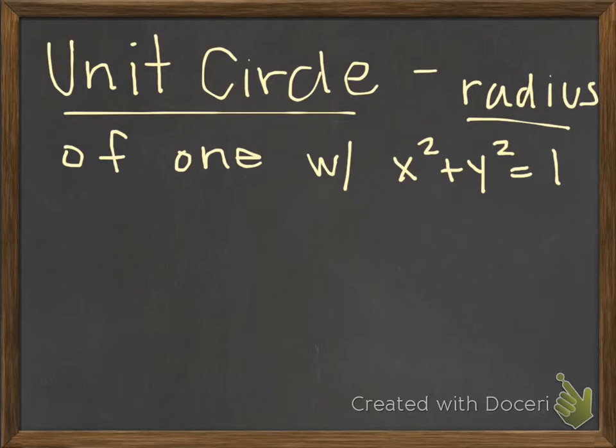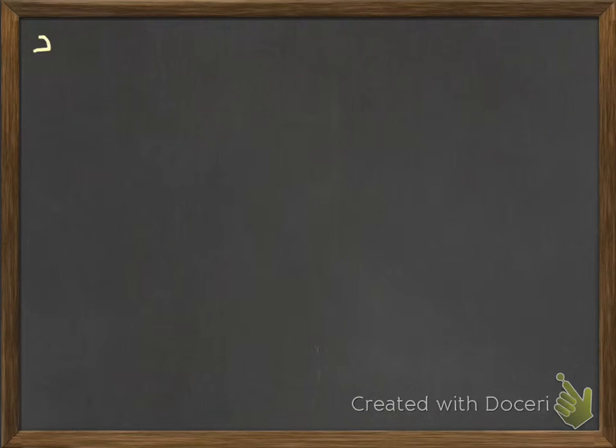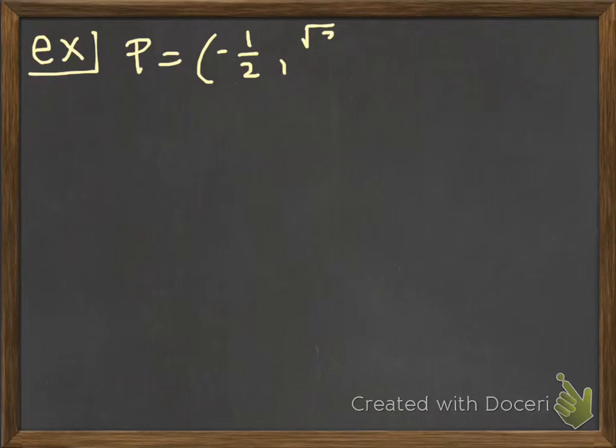So for my first example, if the point is negative 1/2 and root 3 over 2, and again, we're assuming that this falls on the unit circle. That means we know an x value, we know a y value, and it's implied that the radius is 1.